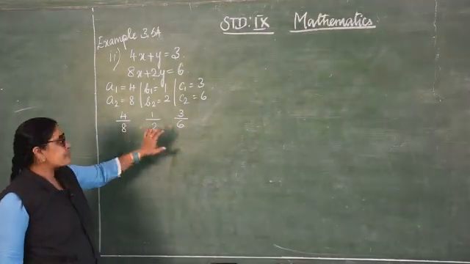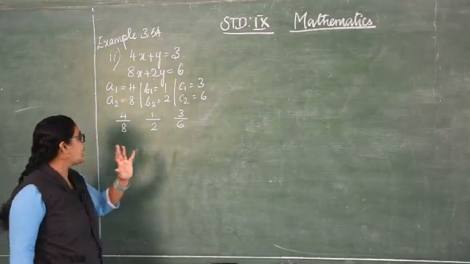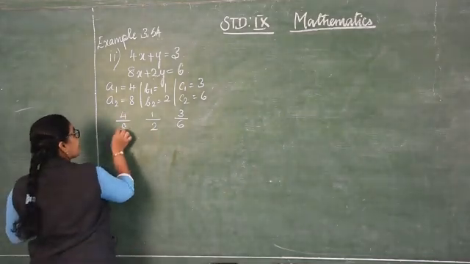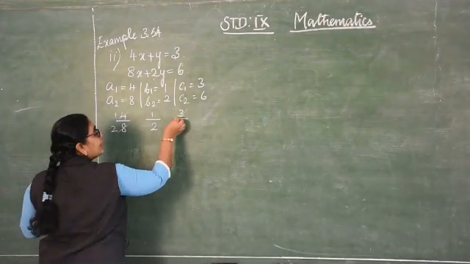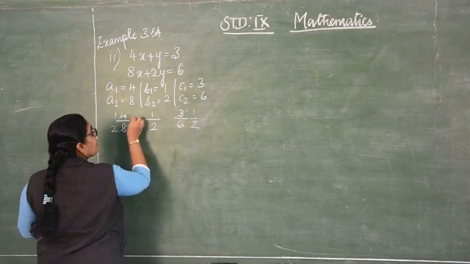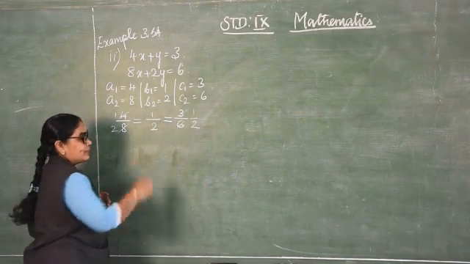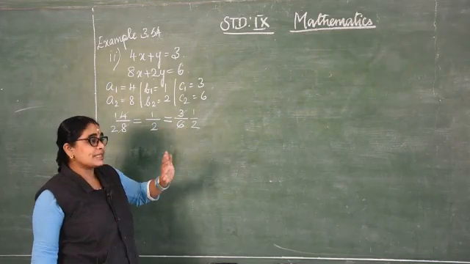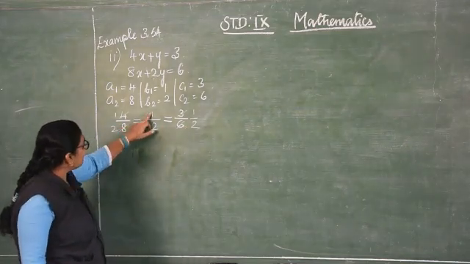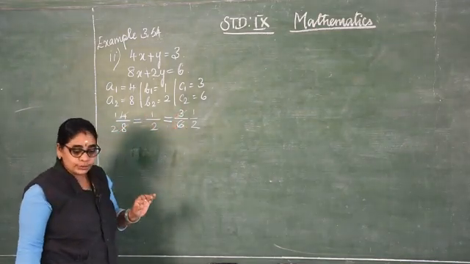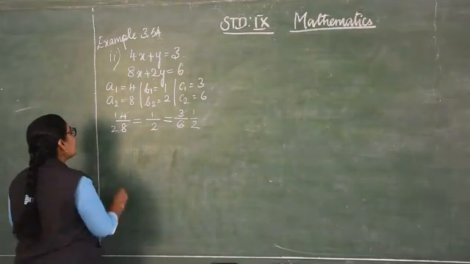After doing the calculation we are going to check whether they are equal or not equal. When we cancel it will become 1 by 2, 1 by 2, 1 by 2. So all the terms are equal. When all the terms are equal, that is a1 by a2 is equal to b1 by b2 is equal to c1 by c2, we will have the solution.